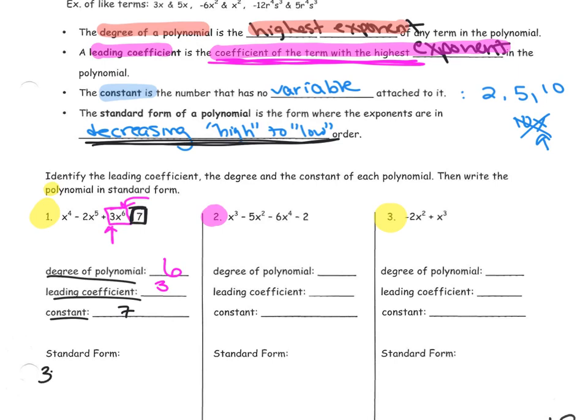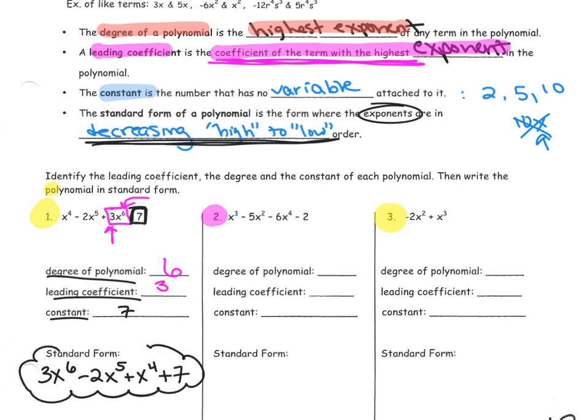So we have 3x to the 6th first, and it goes from the highest to lowest in the order of the exponents, not the coefficients, the exponents. So I have 3x to the 6th minus 2x to the 5th plus x to the 4th, and then plus 7. Okay? You guys are going to do question 2.